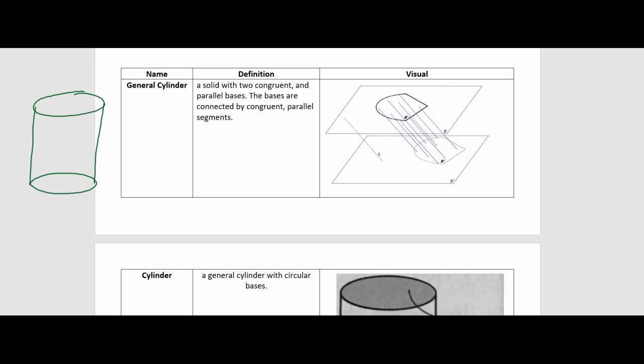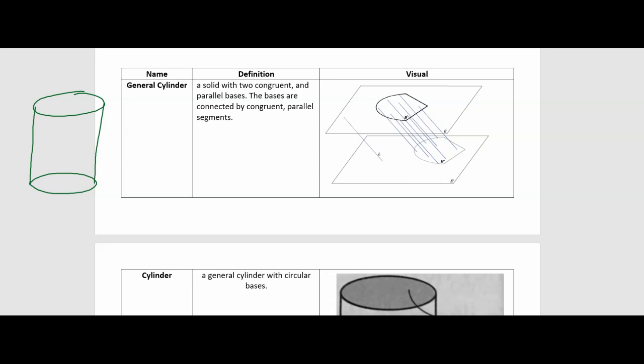Now, this is a cylinder, and it's a general cylinder. But it's not the only type of general cylinder. A general cylinder, by definition, is a solid with two congruent and parallel bases. Those bases are connected by congruent parallel segments.